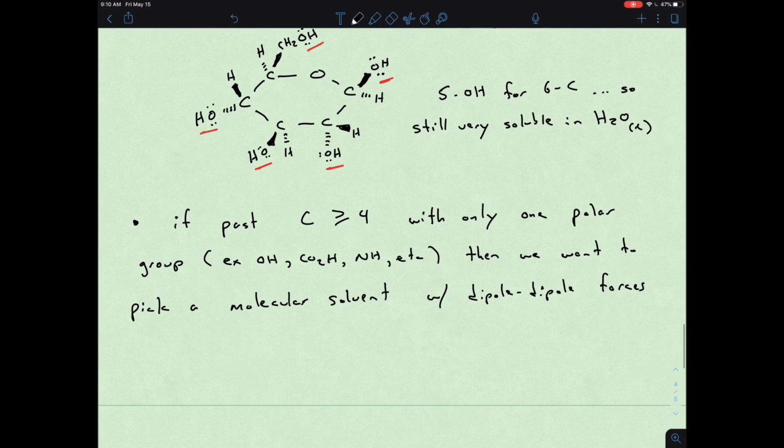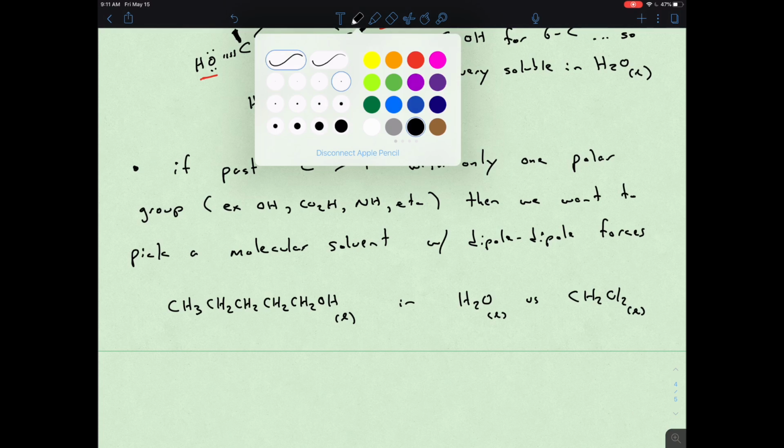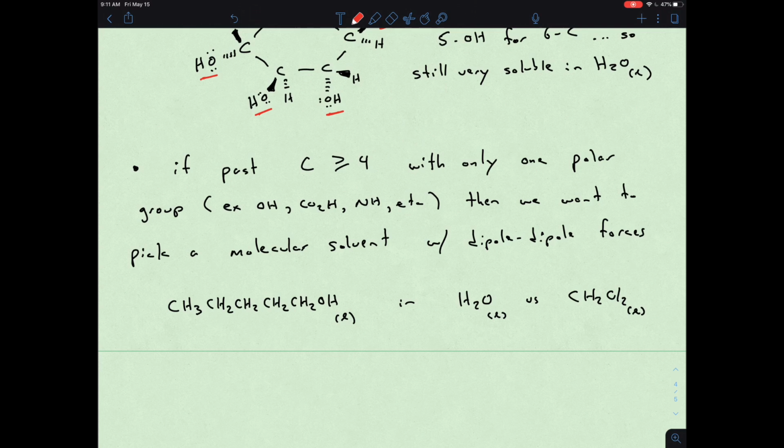So if we had here pentanol and looking at dissolving it in water versus dichloromethane, we do have the hydrogen bonding group that we see on the end.